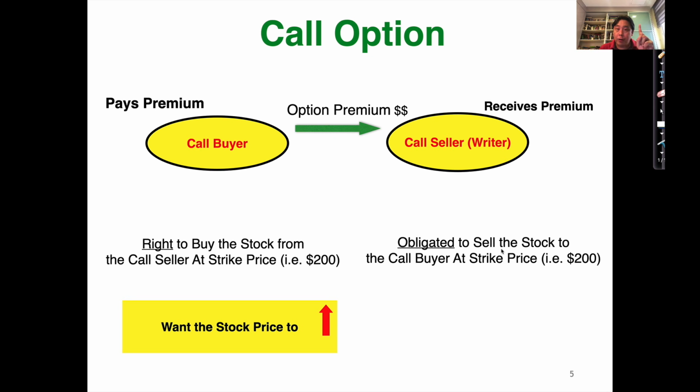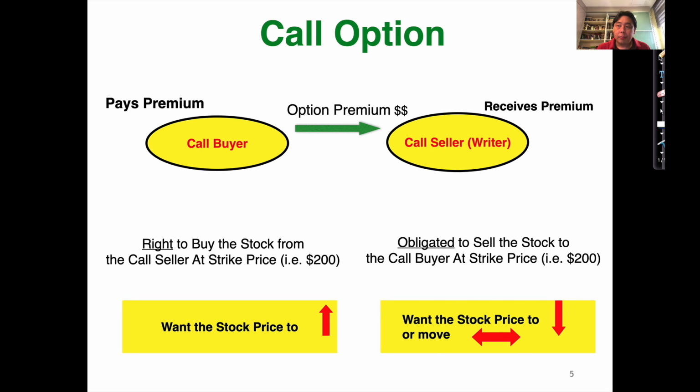Remember, one contract is 100 shares. So he's obligated to sell 100 shares to the call buyer at the agreed upon price, which again we call the strike price. And so the call seller would want the stock price to go nowhere, to remain at $200 or to go down.